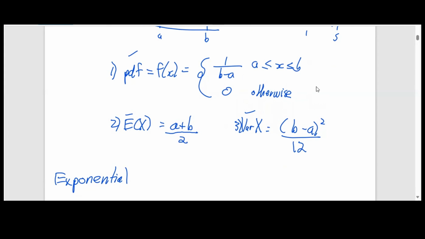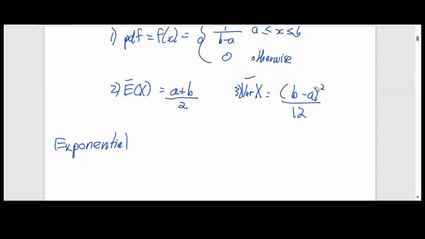But in this case, if you go back to the equation for variance, remember the variance of x is the expectation of x squared minus the expectation of x, all squared.